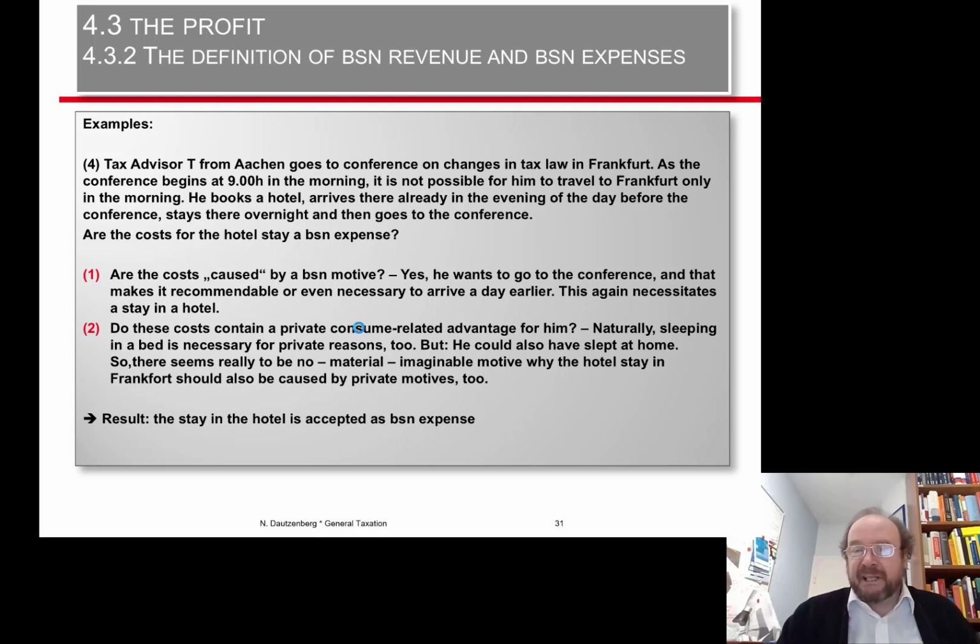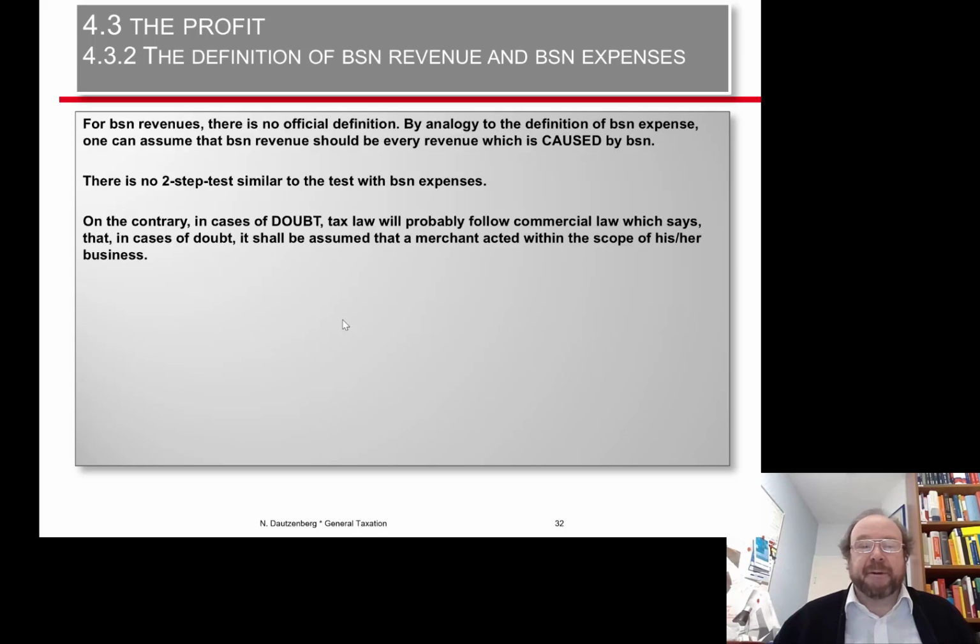So clearly no private advantage which might matter for things here. So the stay in the hotel is accepted as a business expense because there is no really convincing private advantage which we can see here.